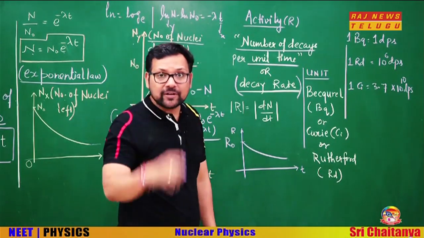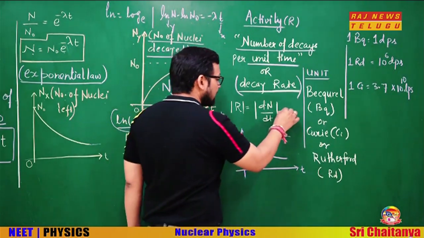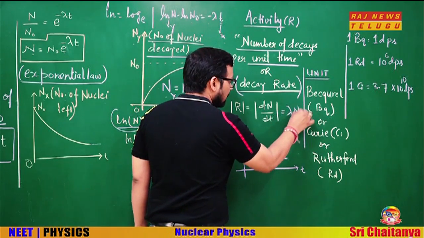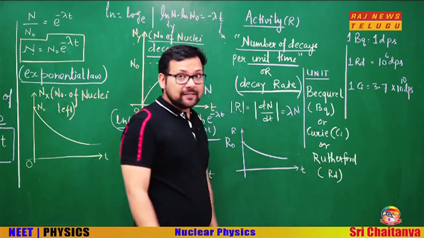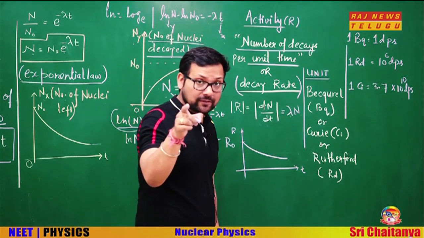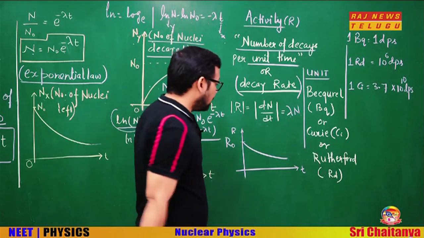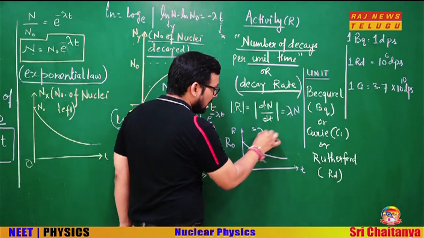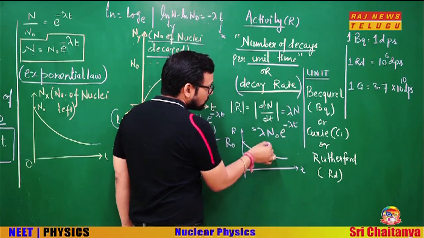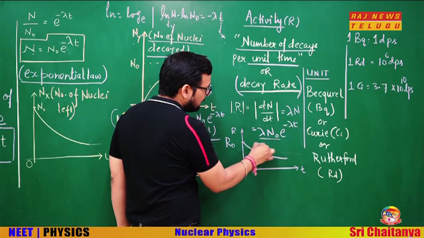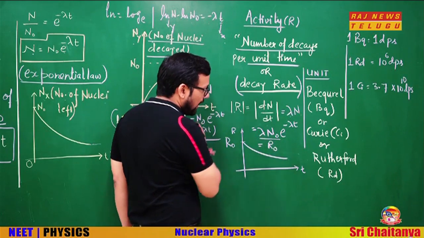So this activity, you know, is lambda N. Can I write activity as lambda N? Yes, see, I am not writing lambda N naught, I am writing lambda N. And now we know N is N naught e raised to power minus lambda t. So this lambda N naught can be termed as the initial activity R naught.